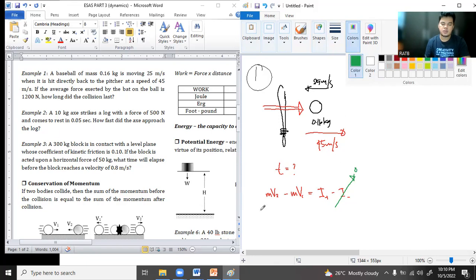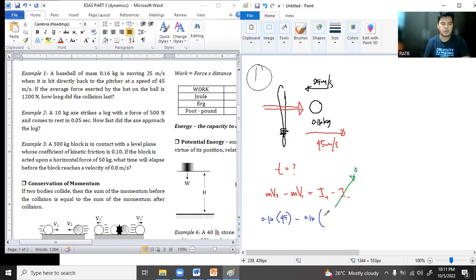Such that we have the mass, 0.16, multiplied by V2, that is 45 meters per second, minus mass 0.16 multiplied by V1, that is 25 meters per second. That is equal to the positive impulse, so the force multiplied by time. The exerted force, 1,200 Newton, multiplied by the time t.